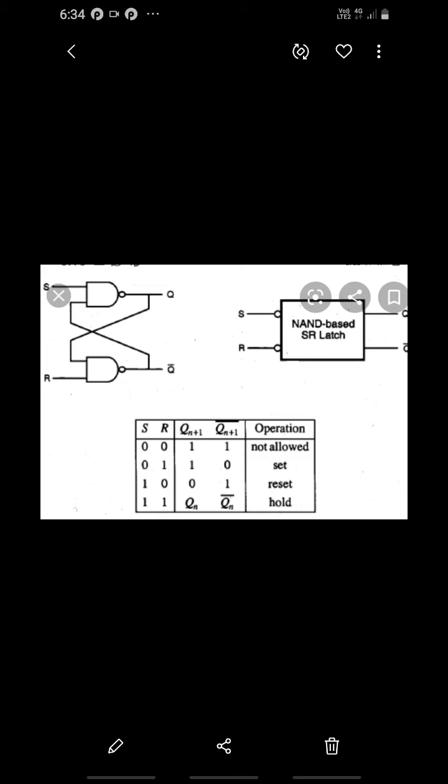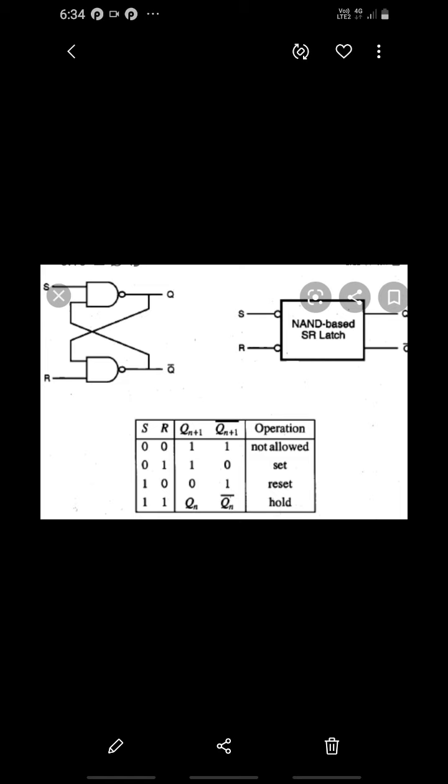So cross couple the two NAND gates, and then we form the RS latch.